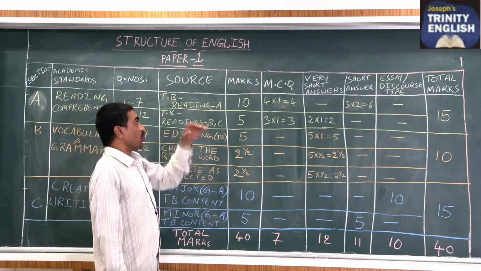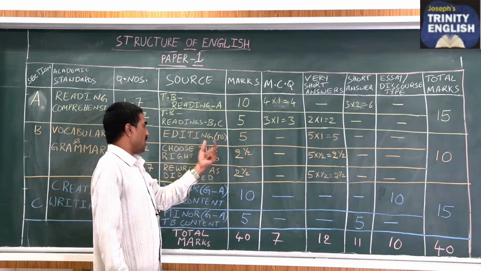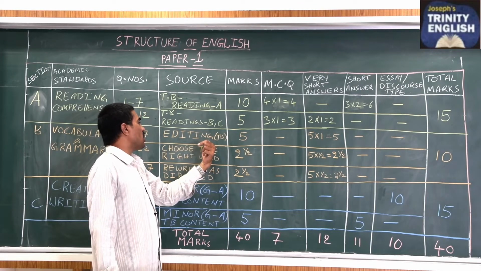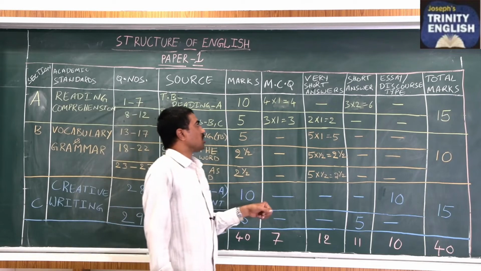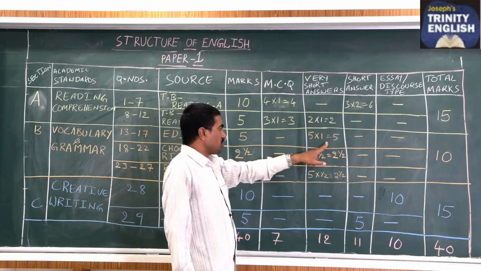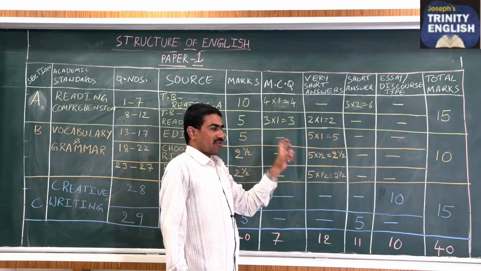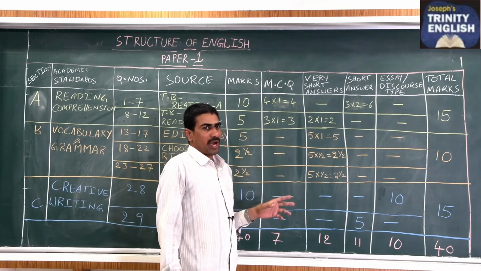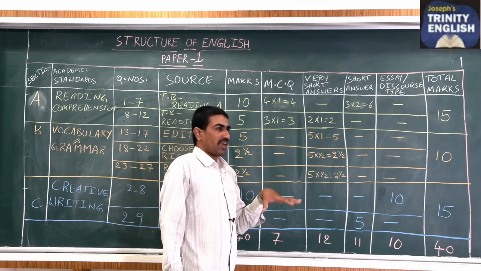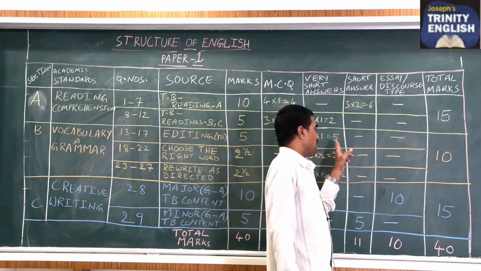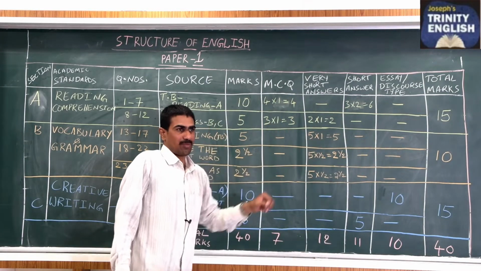As I already told you, in paper 1 everything is taken from the textbook, and we have 5 editing errors here, each one carries 1 mark. So it comes under very short answers, 5 questions, each one carries 1 mark. This is the deciding factor as to whether we get GPA 10 or not, so we have to be very careful while handling this so that we get all 5 marks.